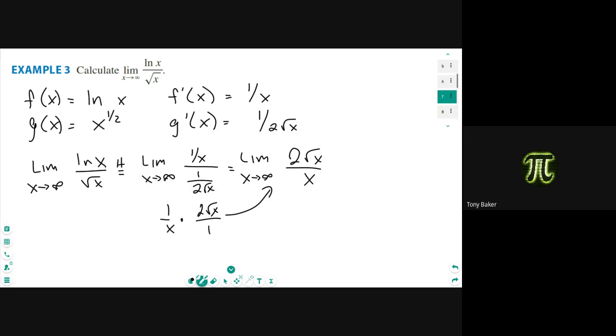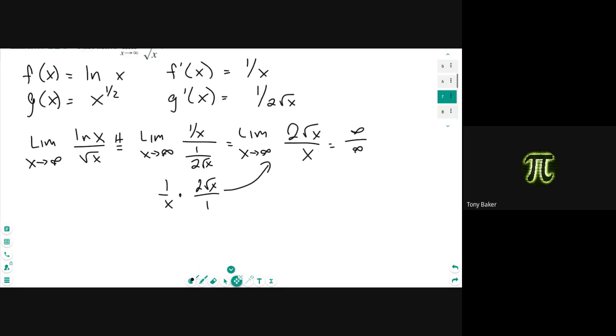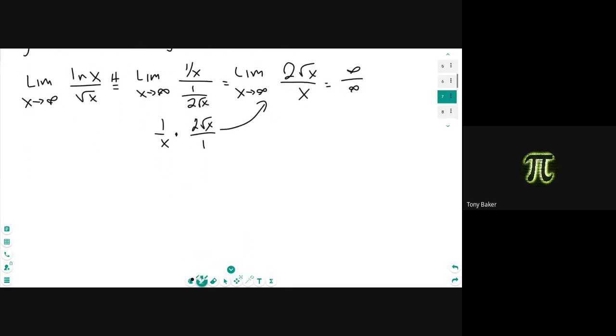Now, if we plug in infinity into this again, I still get infinity over infinity. So we've got to do it again. So this time f of x is 2 square root of x, so f prime of x is 1 over the square root of x.